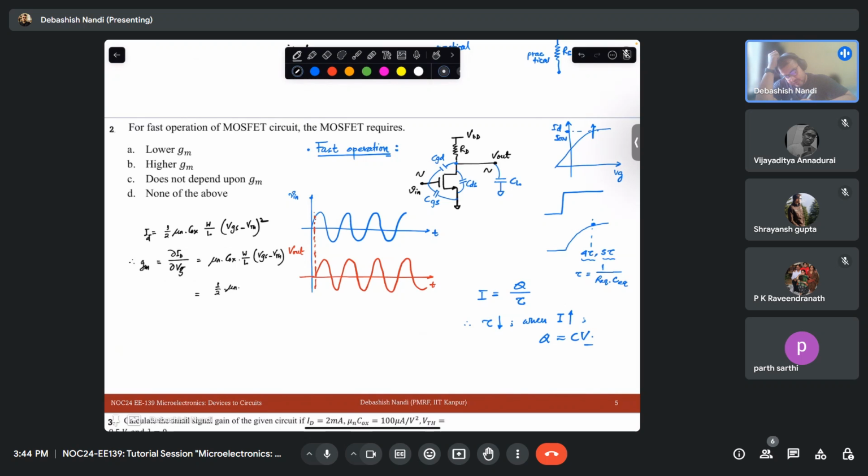Half mu n C ox W by L, VGS minus VTH whole square, divided by half times VGS minus VTH.